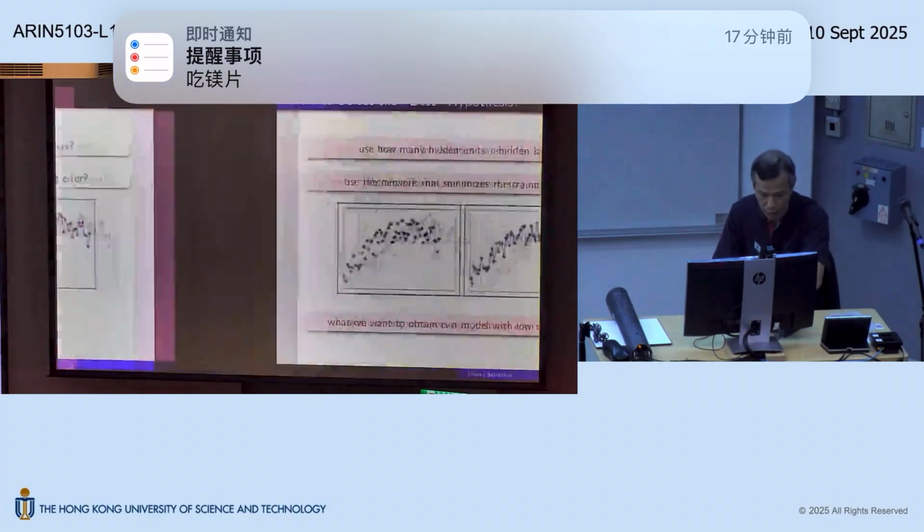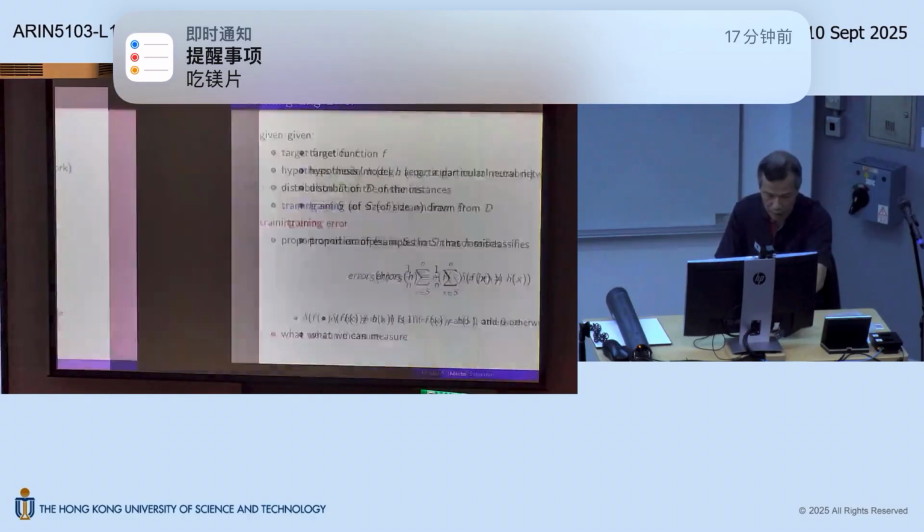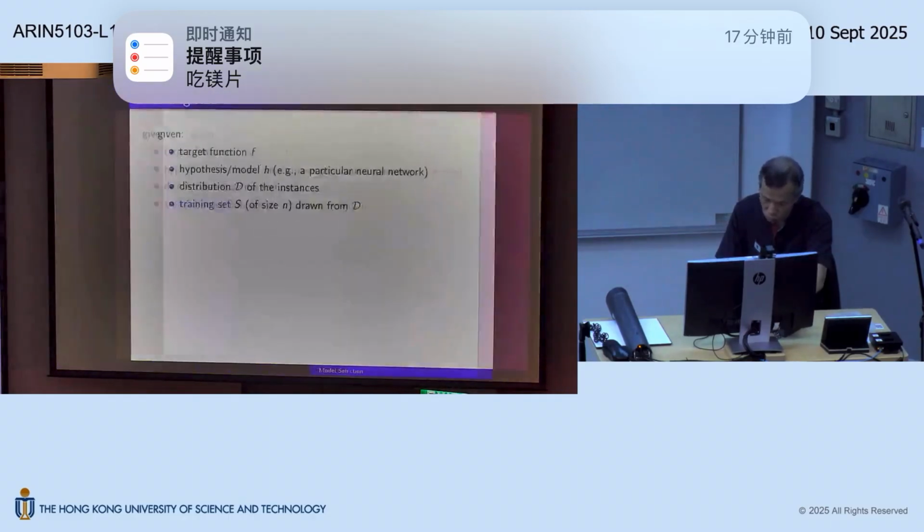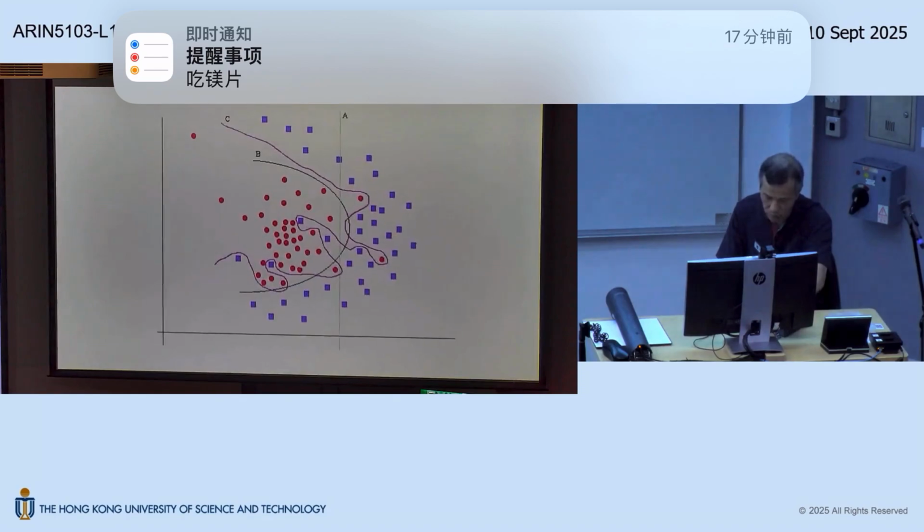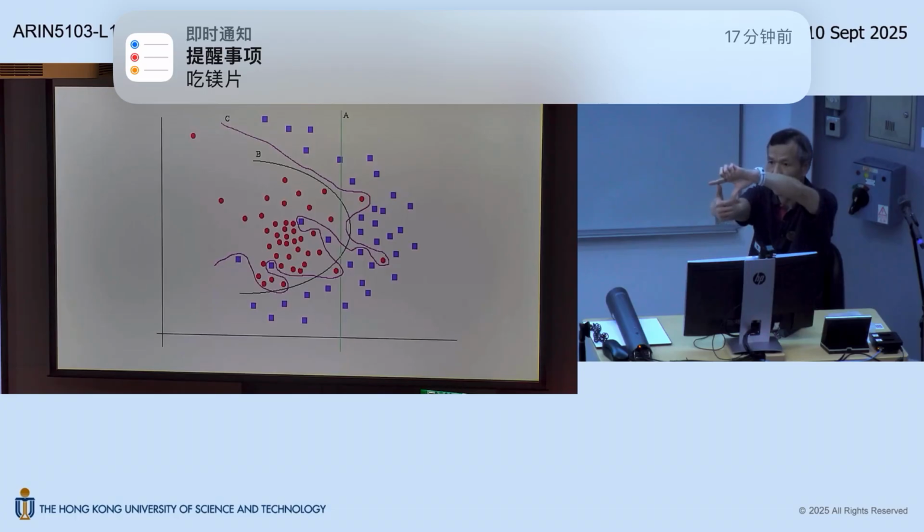So going back to this example, it is possible that, for example, this point is mislabeled. During the data collection process, somebody may have mislabeled, for example, I look at your face, this is a male face, but I mislabel it as female. It's possible, right? Or maybe this is a red point, but it should not be here.